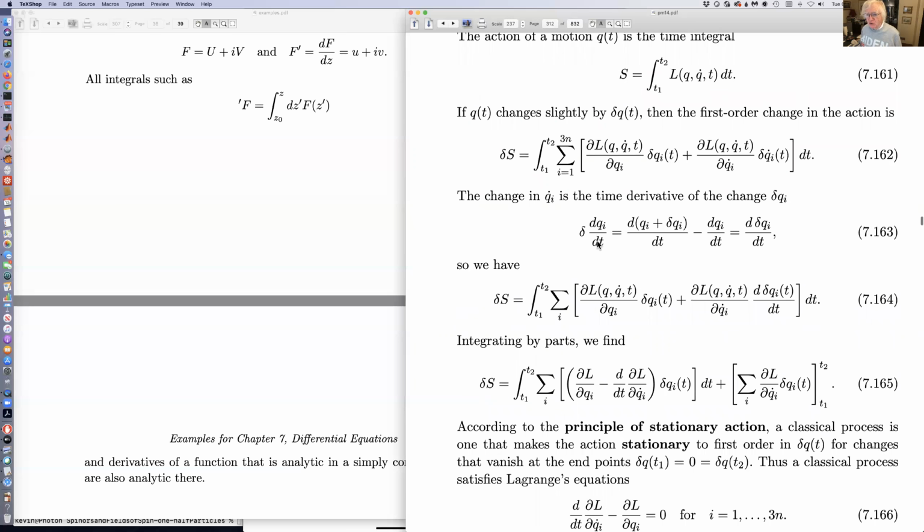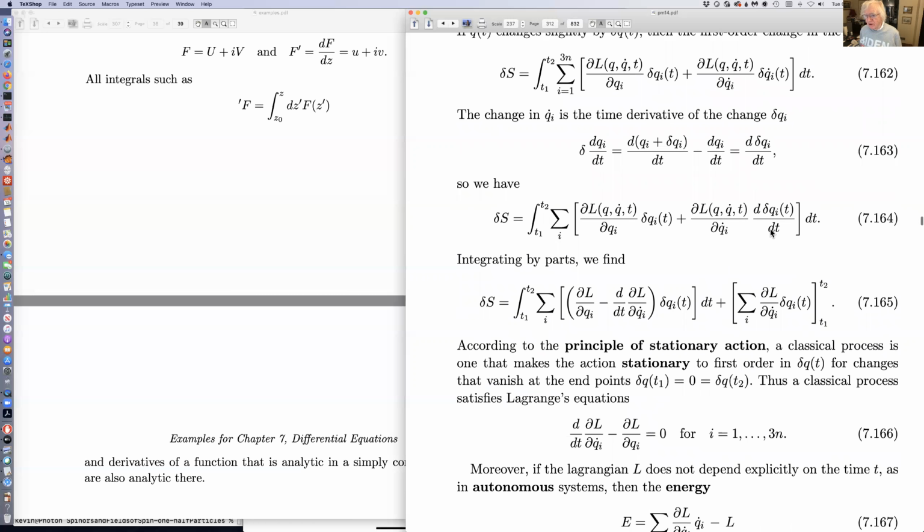The change in QI dot is the time derivative of QI plus delta QI minus the time derivative of QI, and that's the time derivative of delta QI. And so substituting this for that, we get this expression here.